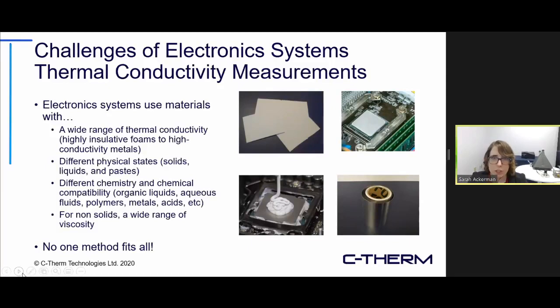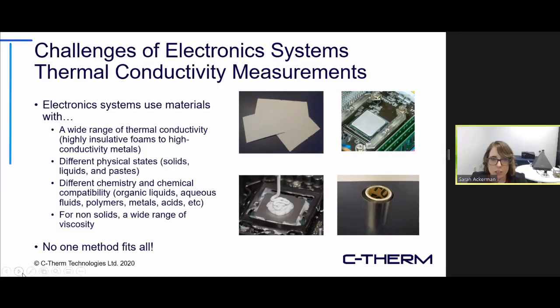So you might have 3 or 4 or even 5 different orders of magnitude of thermal conductivity within a single device when you look at all of the different materials used for it. You also might have different physical states of material.